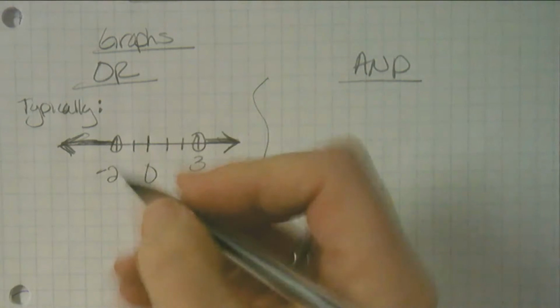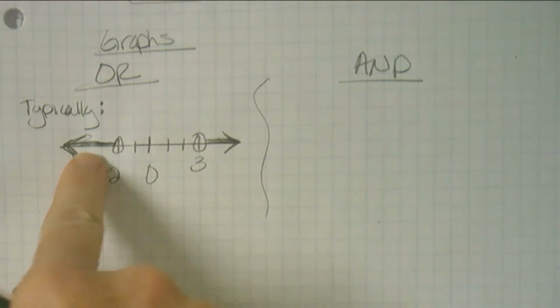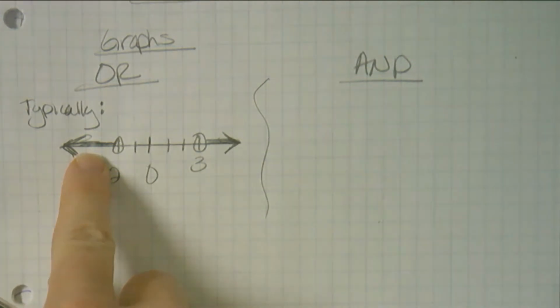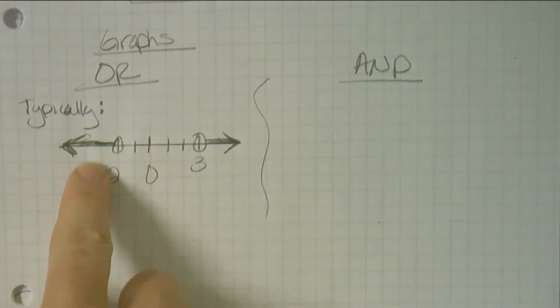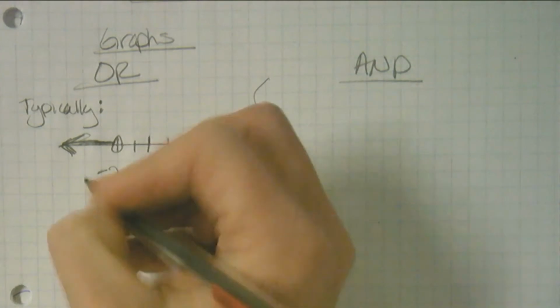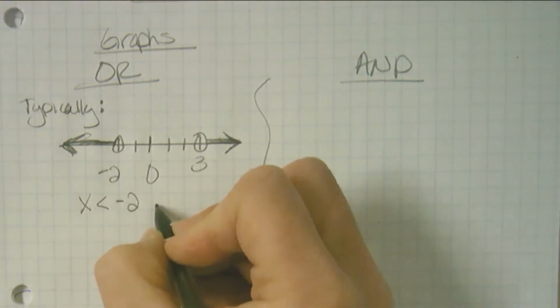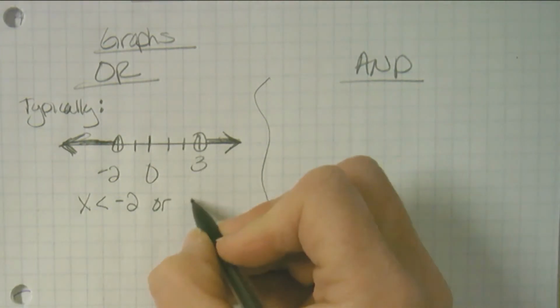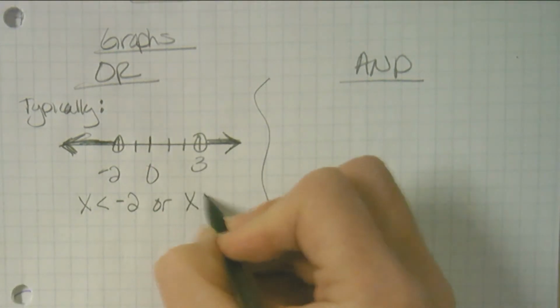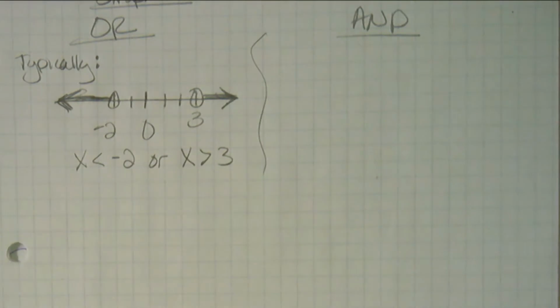If I was to write this, what would be the inequality for this side of my graph? Start with any variable that you want, and tell me what the inequality of that left-hand side of the graph would be. Matthew? Excellent. Or, Matthew, what would the other one look like? Excellent. So what does that mean the possibility for all my x's are?